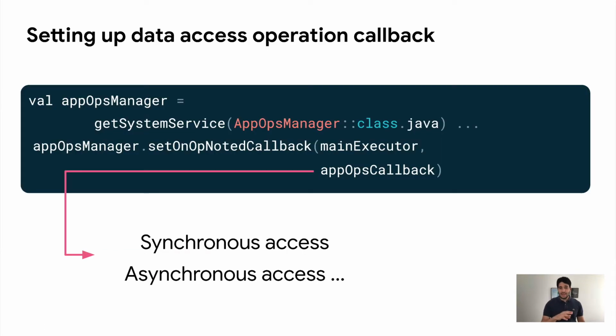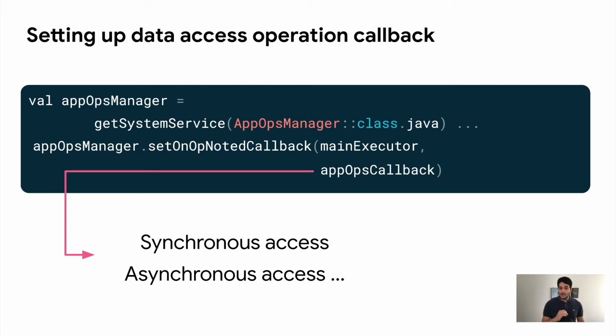This shows how to set up a callback for data access through the AppOpsManager class. If you want to consistently track this kind of access for the entire application, you can set it up within Application.onCreate, for example. Say you want to localize it to a particular part of your app. You could do it within Activity.onCreate.